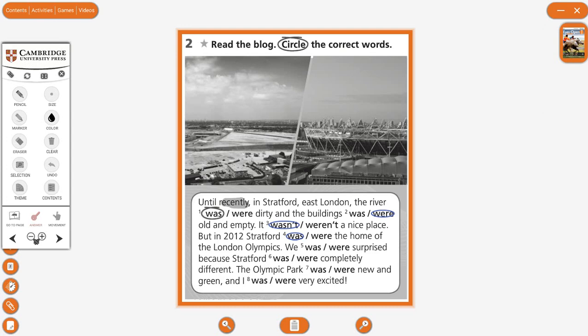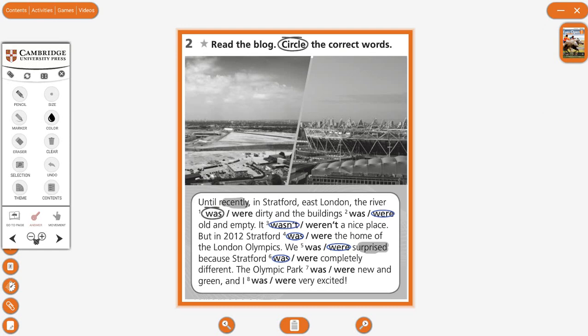We were surprised. What does surprised mean? In Turkish, you can understand: şaşkın, şaşırmış. Okay. Because Stratford was completely different.